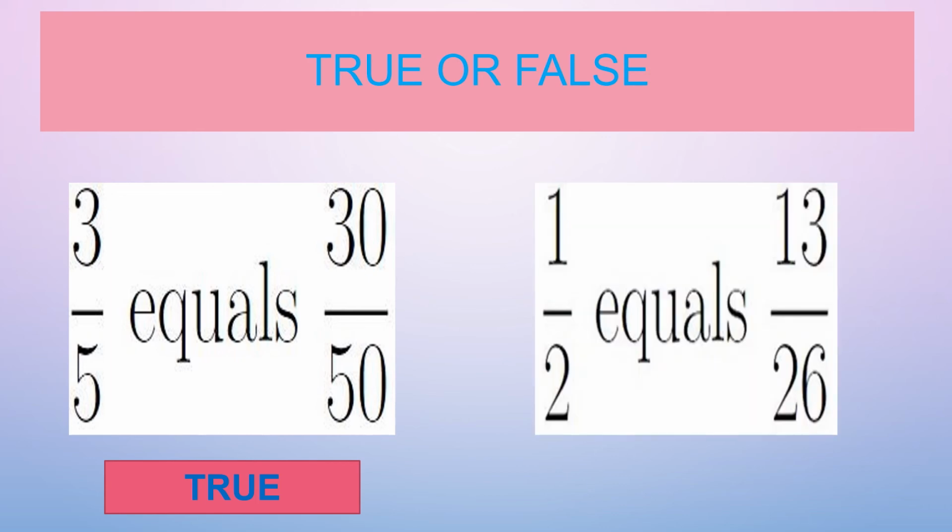One more. 1 upon 2 equals 13 upon 26. Is it true or false? This is again true because when you multiply both the numerator and denominator in 1 upon 2 by 13, you will get 1 into 13 is 13 and 2 into 13 is 26.